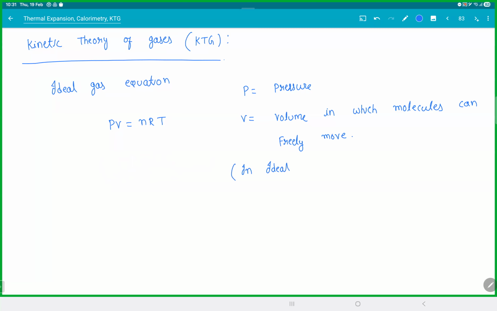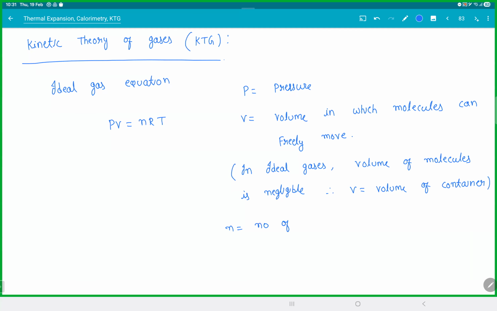That is your V actually. So in ideal gases, we take the volume of the molecules as negligible. Therefore, we can write V is the volume of the container. But theoretically understand what it means. It's not the volume of the container, actually. So in a real gas, it is V minus nb.